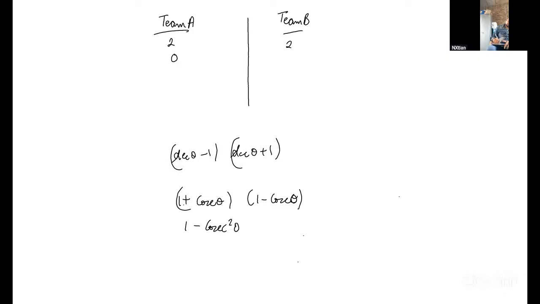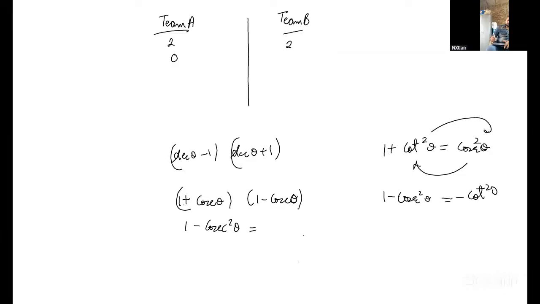We know that 1 plus cot square theta is equal to cosec square theta. So now this will go this side and this will go this side. So it will become 1 minus cosec square theta is equal to minus cot square theta. Did you understand? Okay, so Betya will get 1 point.